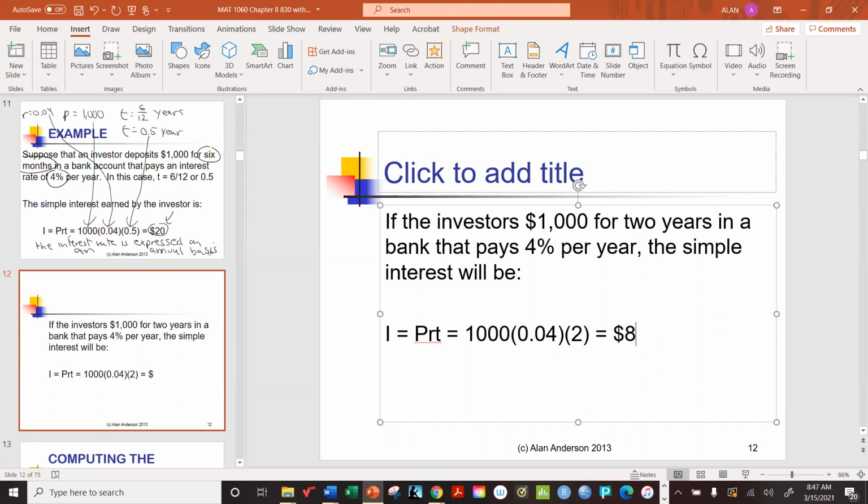And so you end up with $80, okay? And again, it's all to the T, 2 years instead of 1 year or 6 months.